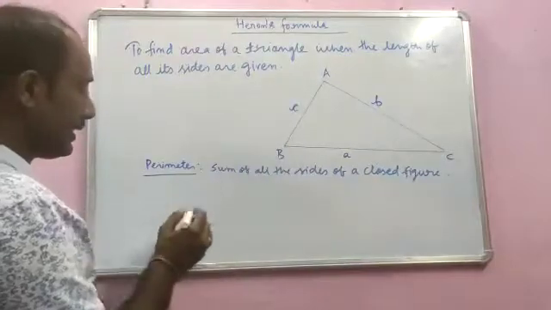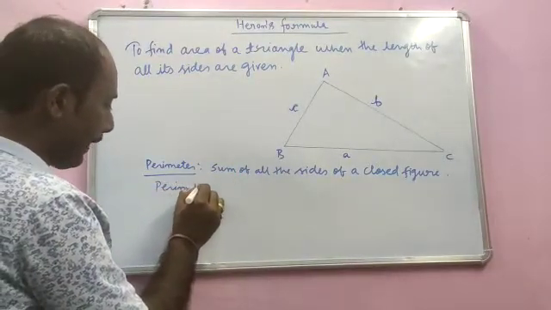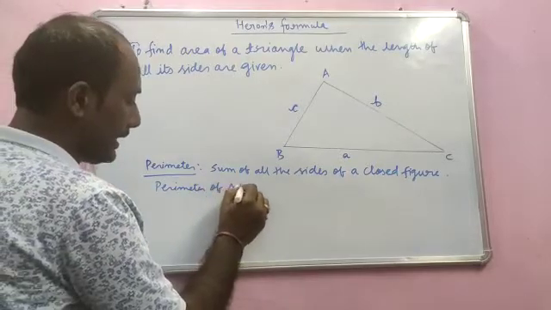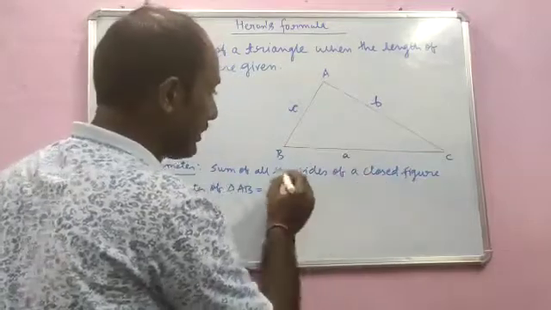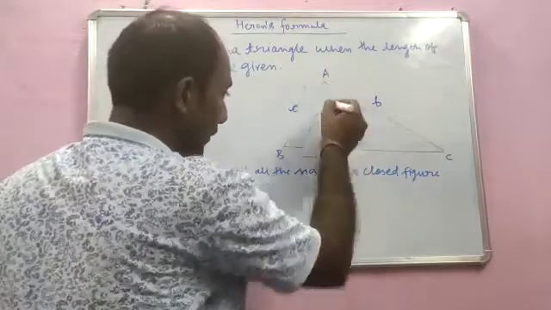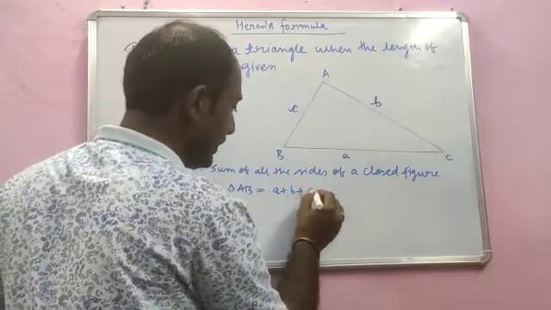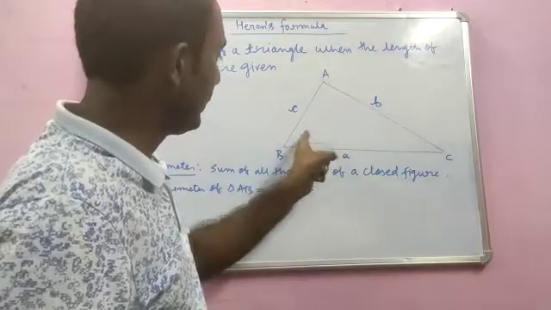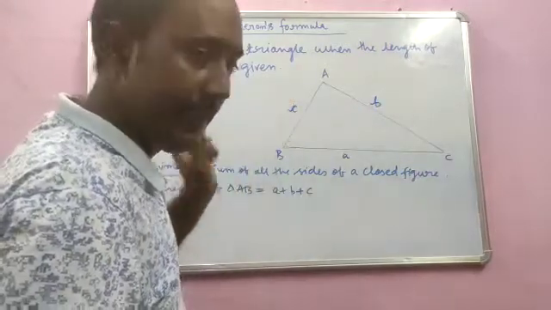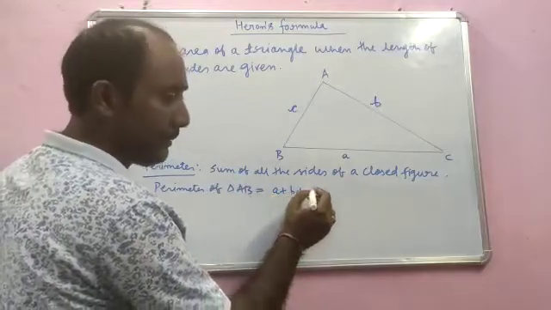So in this case, we can say perimeter of triangle ABC is equal to sum of length of all the three sides. So we can write it as a plus b plus c, where a is length of side BC, b is length of side AC and c is length of side AB. So perimeter of triangle ABC is a plus b plus c.